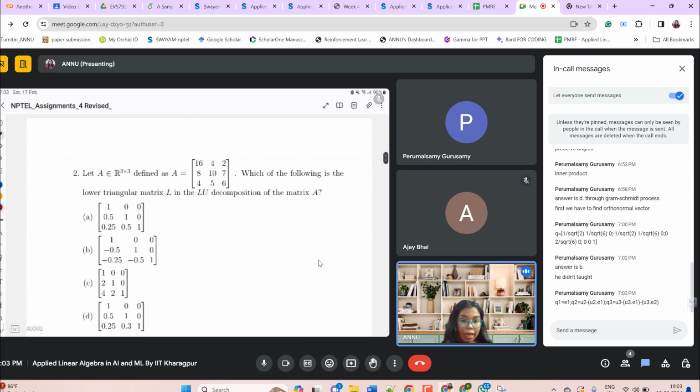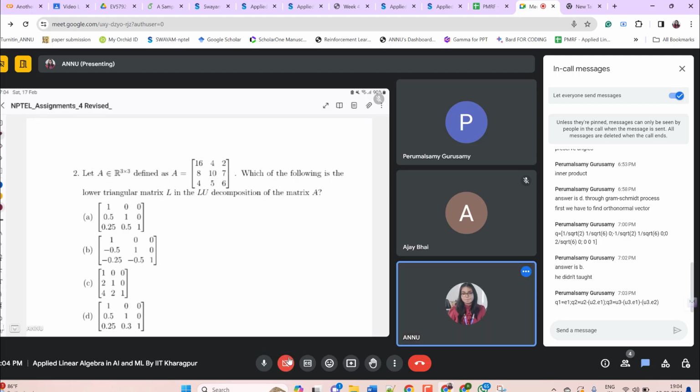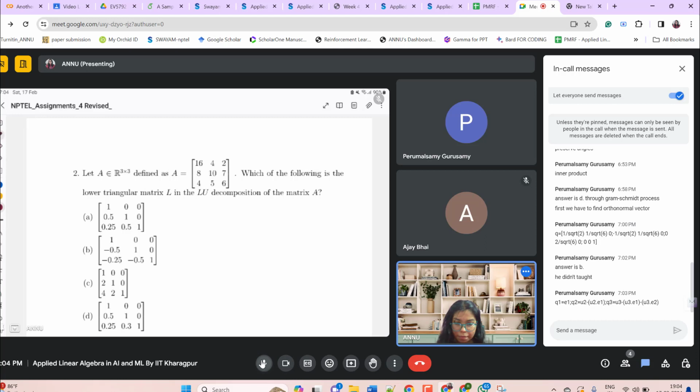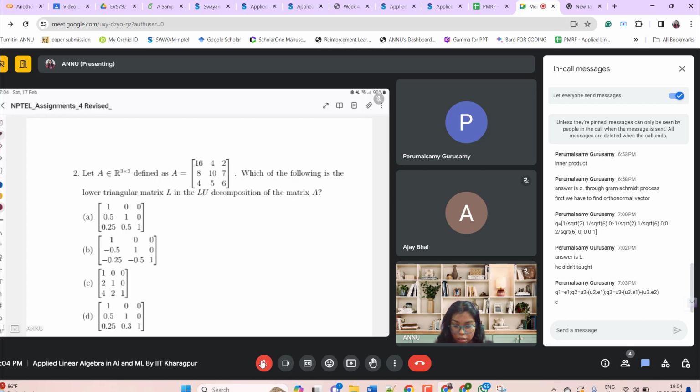Tell me the answer for this question. Let's solve. LU decomposition sir taught in the class. Okay, that's great.